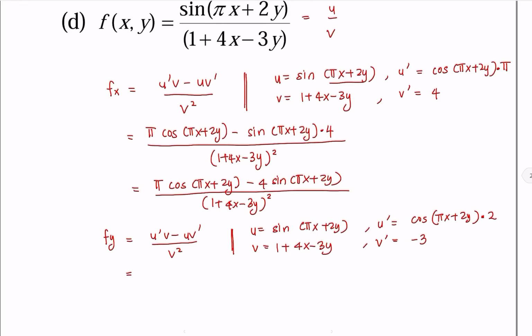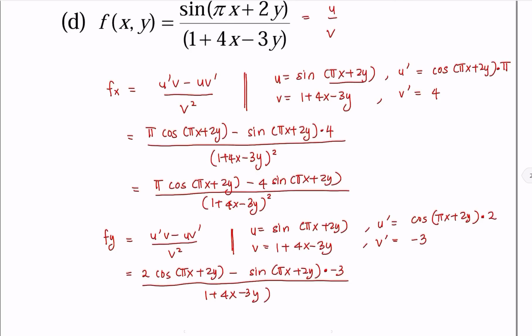Now we just substitute in. u' is 2 cos(πx + 2y), minus u which is sin(πx + 2y), times v' which is −3, over v squared, so (1 + 4x − 3y)².